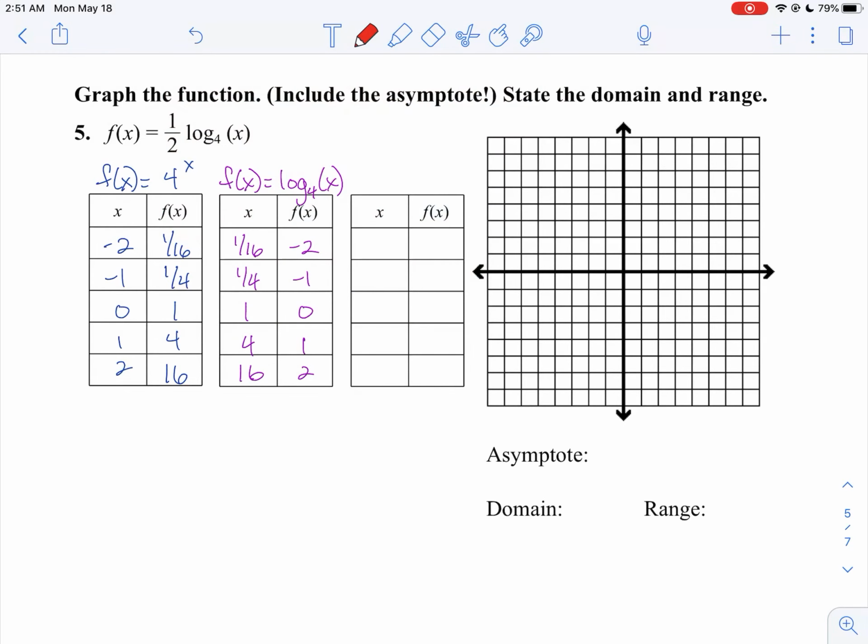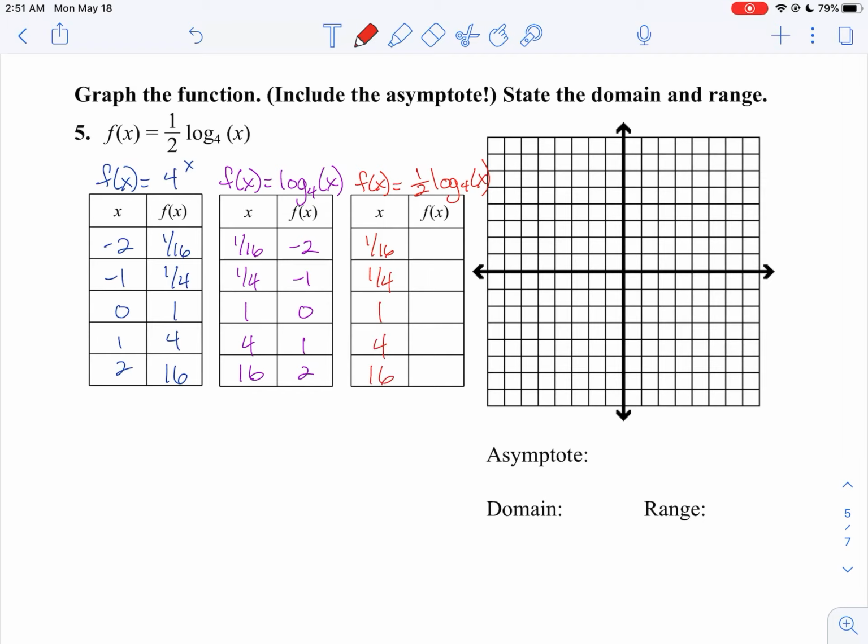But then I need to deal with that 1/2. So now if my f of x equation is really 1/2 log base 4 of x, then my x's are going to stay as they were in purple, 1/16, 1/4, 1, 4, 16.